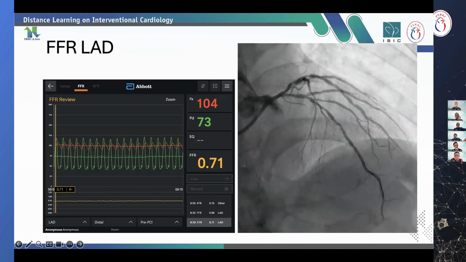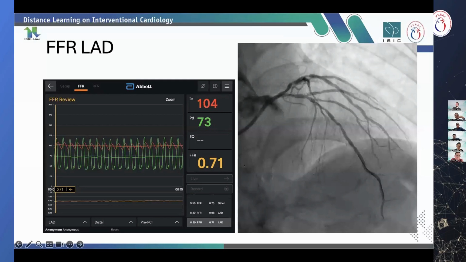Yeah, so I think because this patient has a lot of symptoms, and then we can see that there is the left main disease as well. I think I will proceed with the PCI regarding this patient has no diabetes mellitus. So I think we can still see some benefit to do the PCI in these patients.